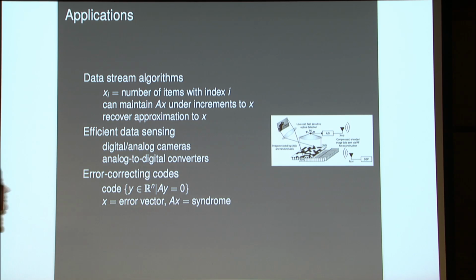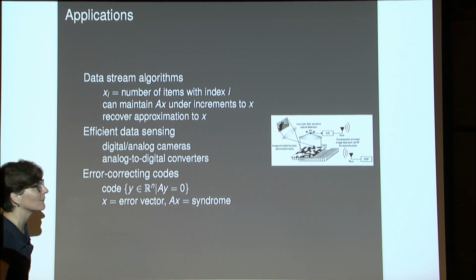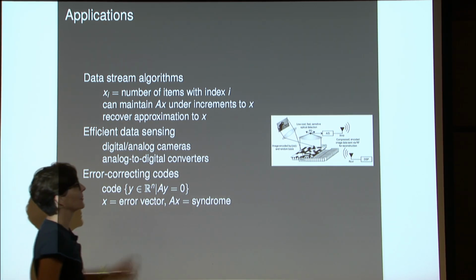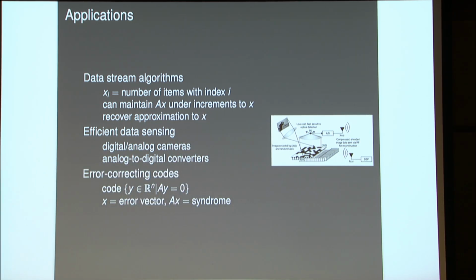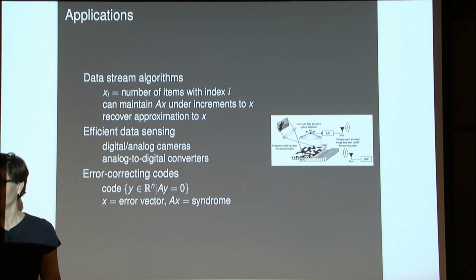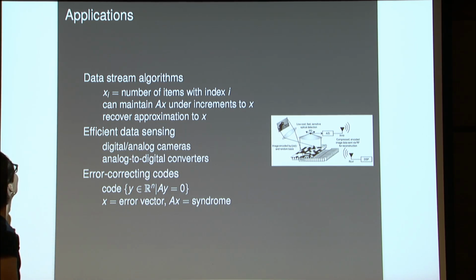You'd want to know how long a phone call from A to B, i.e. with index i, was on this particular day. And so the vector x might be encoding the length of phone calls from all possible phone numbers in the US.